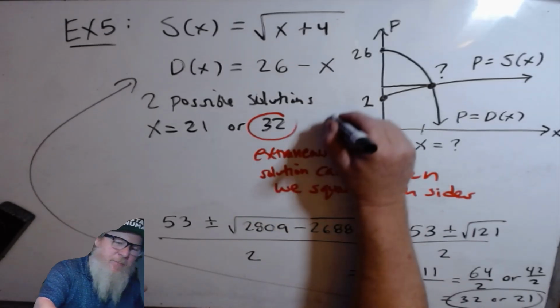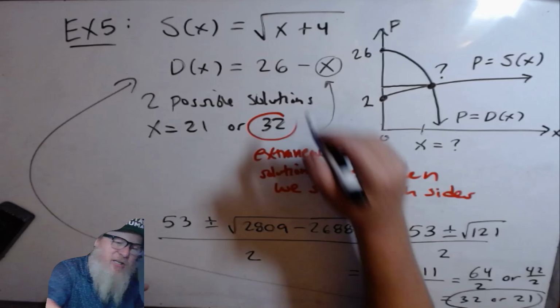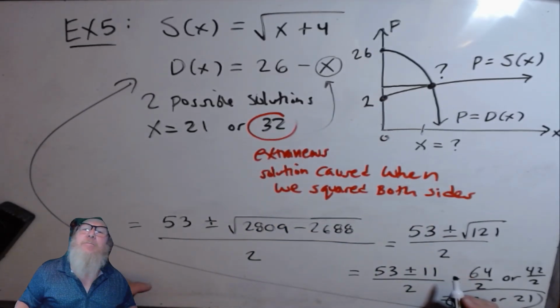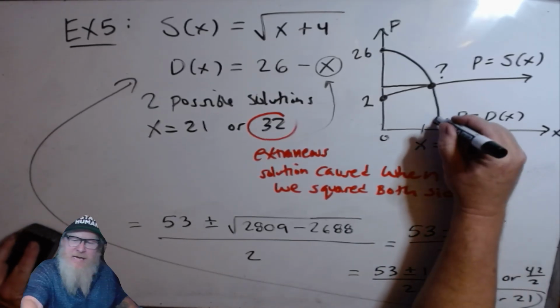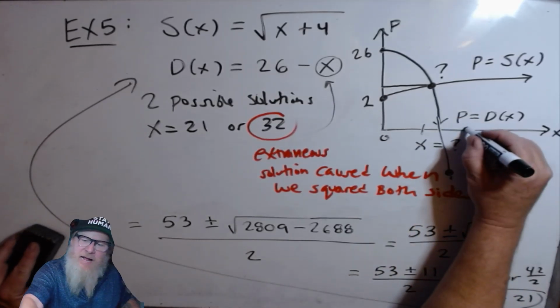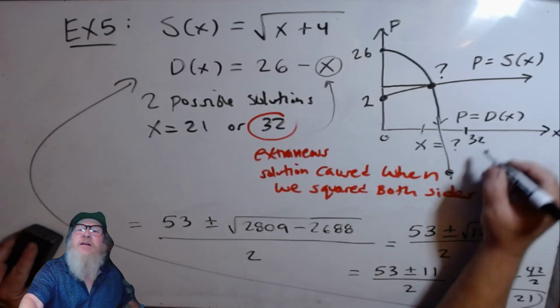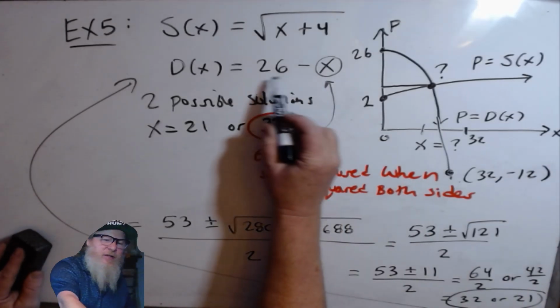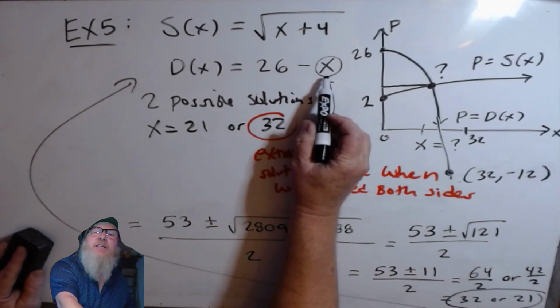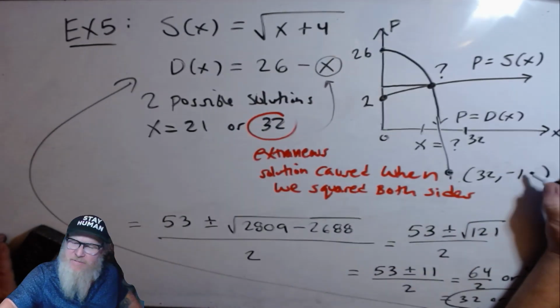So if you tried to plug in 32, you would end up below down here. When x is 32, the y would be 32 comma negative 14, sorry.